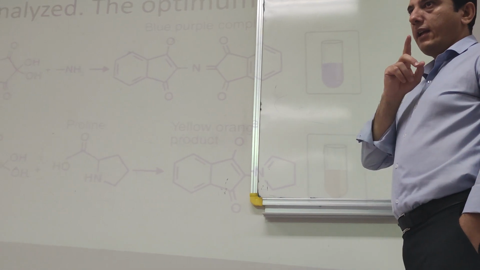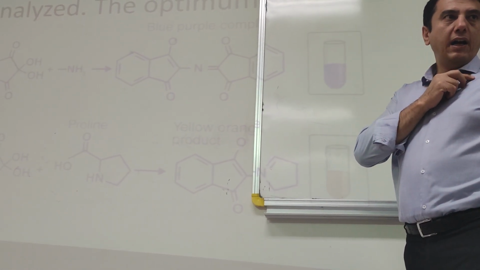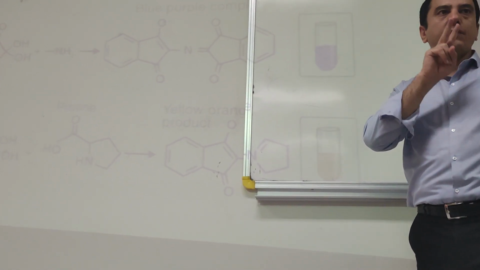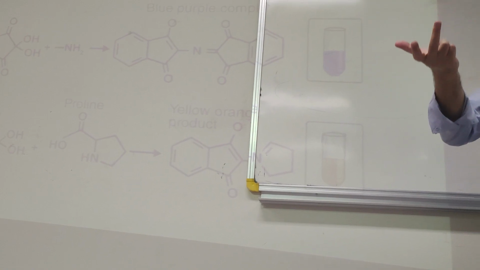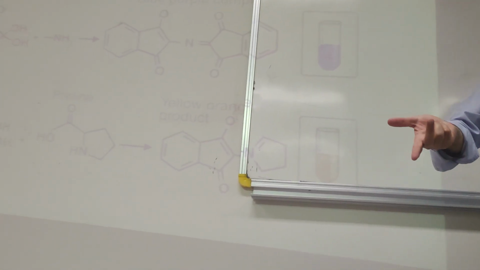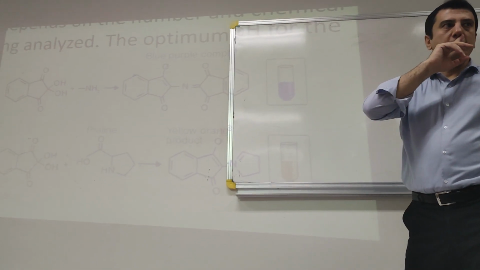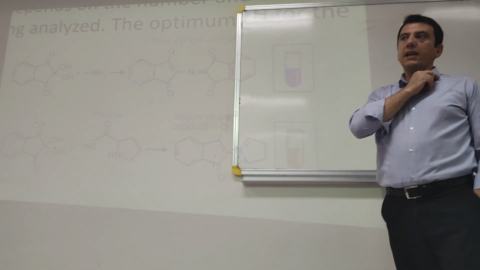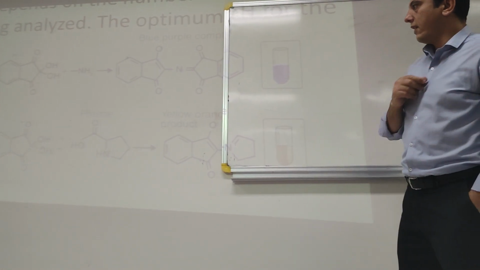If you remember, I told you that we have two amino acids with different properties and characteristics compared to other amino acids. What are those amino acids? Proline and glycine. Very good.